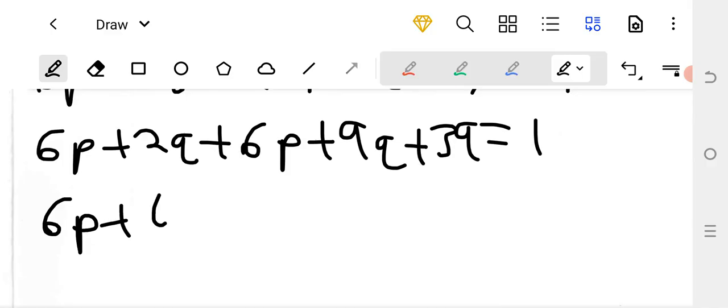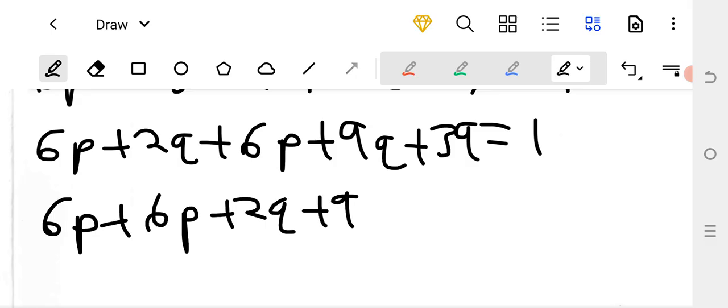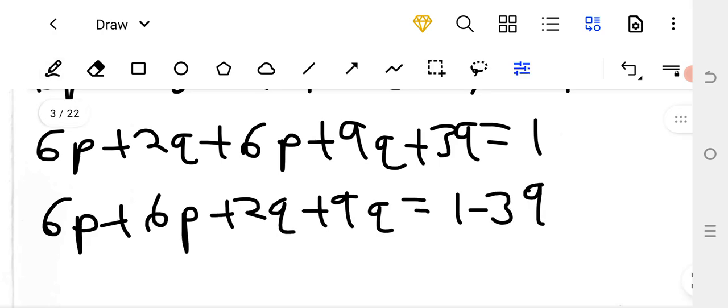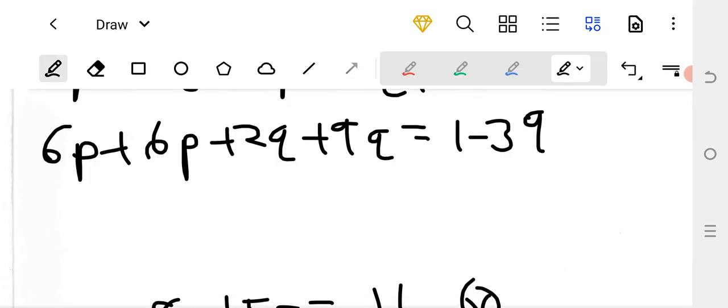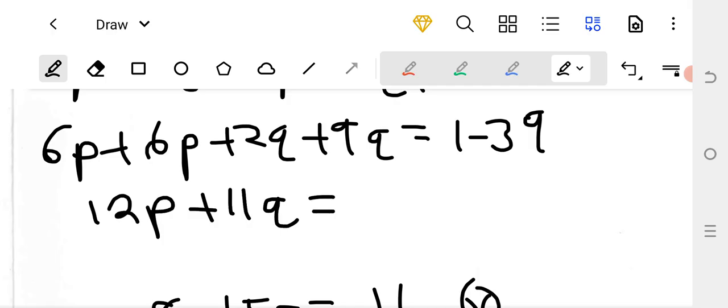6p plus 6p plus 2q plus 9q is equal to 1 minus 39. It's going to become 12p plus 11q is equal to negative 38.